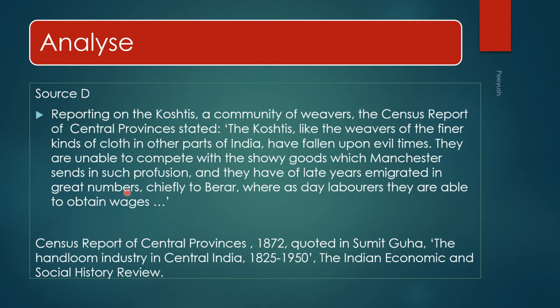People started purchasing cheap machine-made goods coming from Manchester, and for the laborers it became really difficult to survive. So in both sources we have found clearly that whether the community was in Bihar or in central provinces, like the Koshtis, a community of weavers, they found it really difficult to survive because of the products coming from Manchester, or we can say products coming from England.